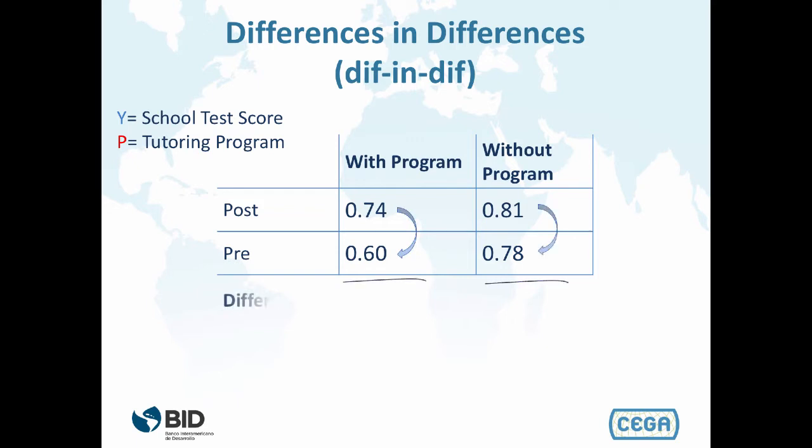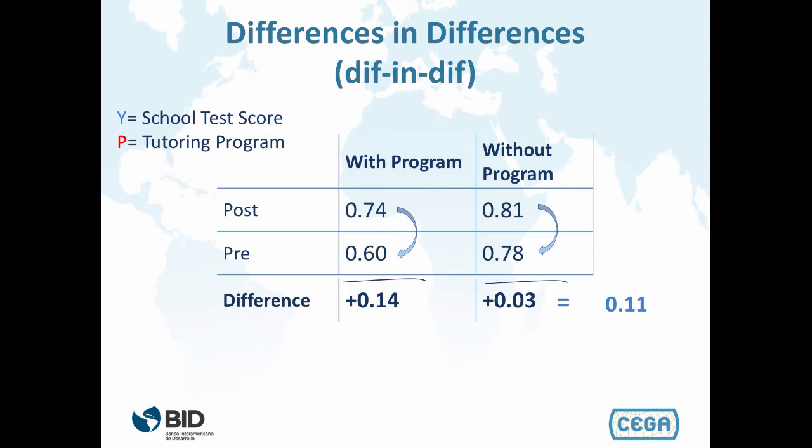So let's look at two particular differences. The first differences are the before and after, or the pre and post, for kids who got the tutoring. Post, 0.74, minus pre, 0.6, gives us an increase of 0.14. So the group that got the tutoring increased their performance on the test by 14 percentage points.